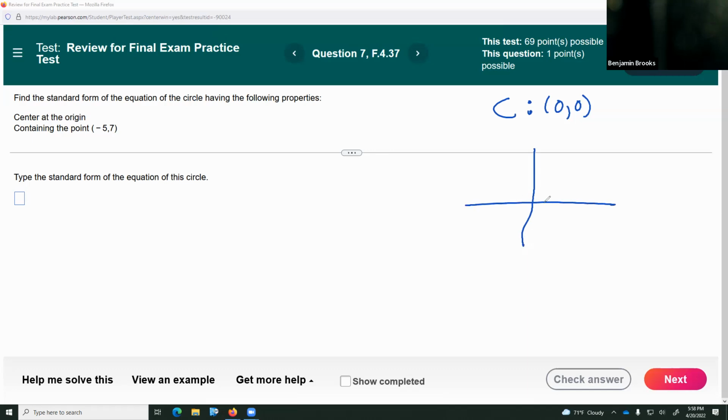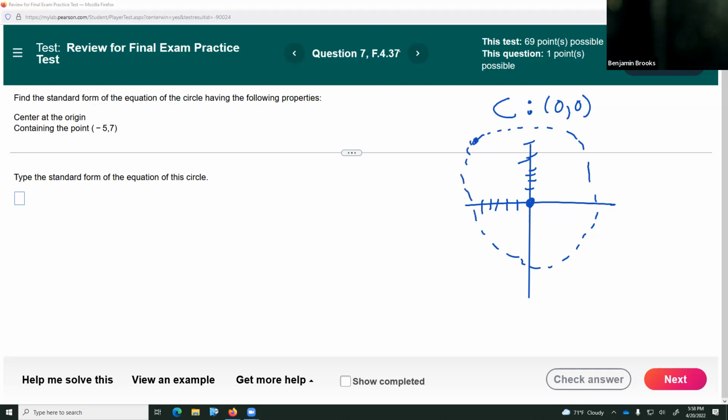So you can think about it this way: the center is going to be here at 0, 0, and then you're going to go -5, 1, 2, 3, 4, 5, and up 1, 2, 3, 4, 5, 6, 7. This point out here is going to be on your circle. So that kind of is the visual there. It's not a circle, but you get the idea.